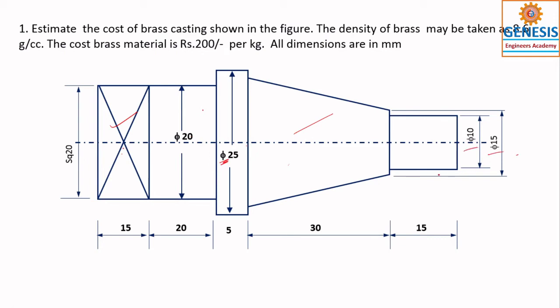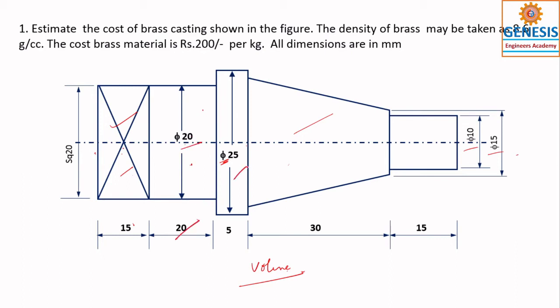To estimate this casting, first of all you have to calculate the volume of the pattern. The volume is area times height, and for this one it is pi by 4 d square into height.